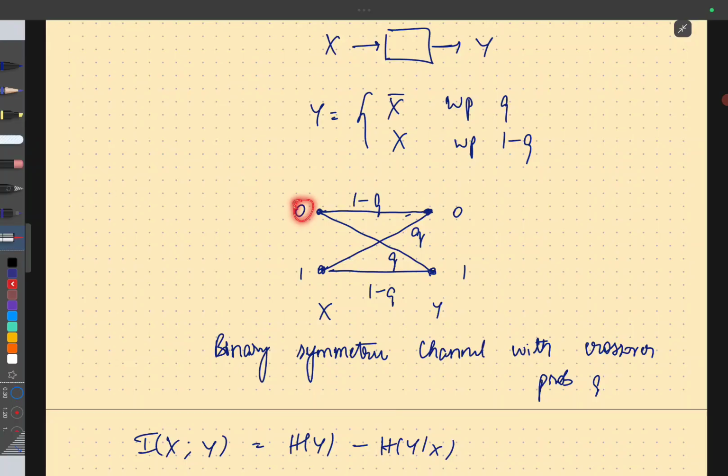I fix x equal to 0 and I'm only looking at these two probabilities. So what is Y given X equal to 0? It is Bernoulli(q), right?